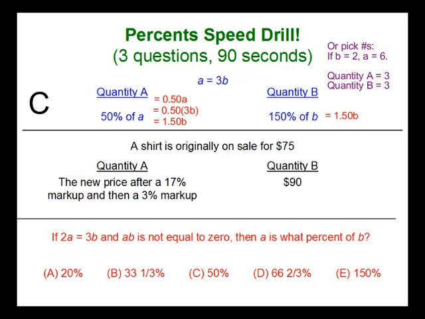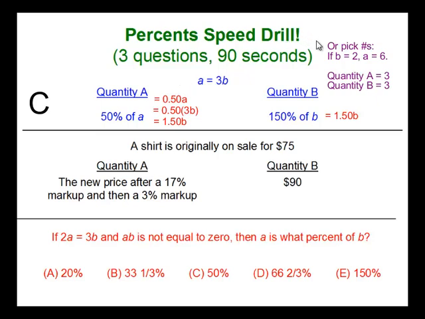So A and B are equal here. It's not strictly necessary to put the percent in decimal terms. You could go straight from 50% of A equals 50% of 3B, and it is a valid move to multiply 3 times 50% and conclude that that is 150% of B. Or you could even pick some numbers.